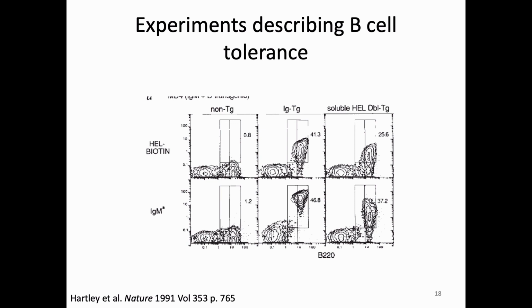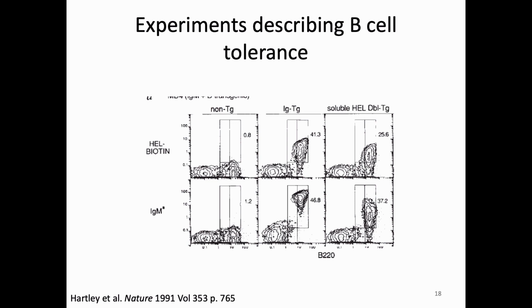So again, this is our mouse from the mouse store, the non-transgenic. This is the mouse that is the transgenic. This is our experimental mouse here, okay? So remember, if there was deletion, we would expect to see some non-B cells and no B cells, and they definitely wouldn't bind to HEL.